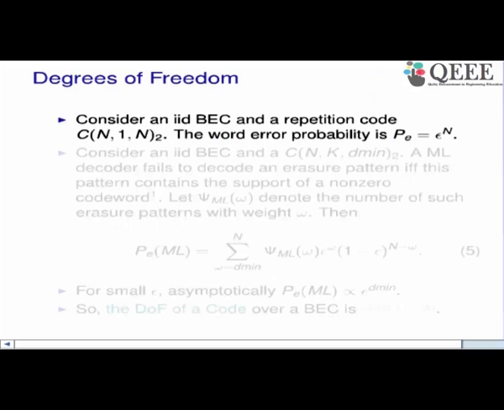Now we'll link these degrees of freedom to another concept that I had introduced before, that is diversity. Now look at this. What you have is a repetition code. What is the repetition code? Suppose you want to transmit a 1. You repeat it capital N number of times.